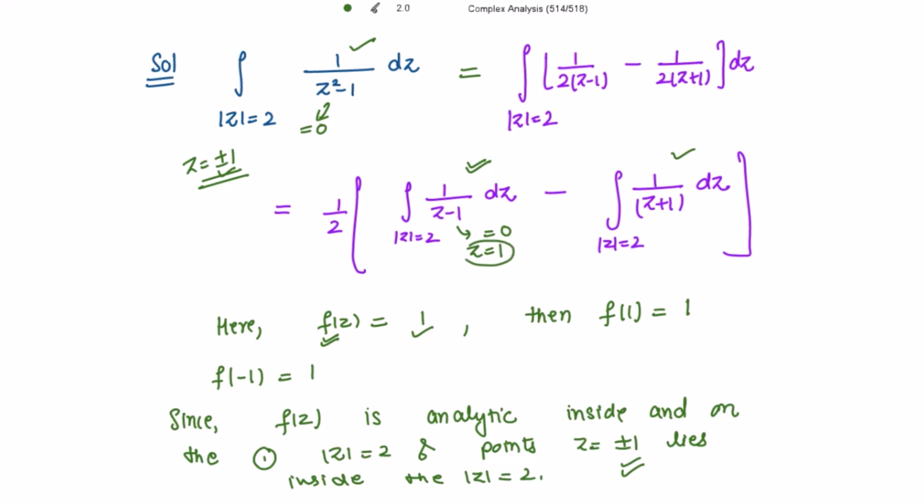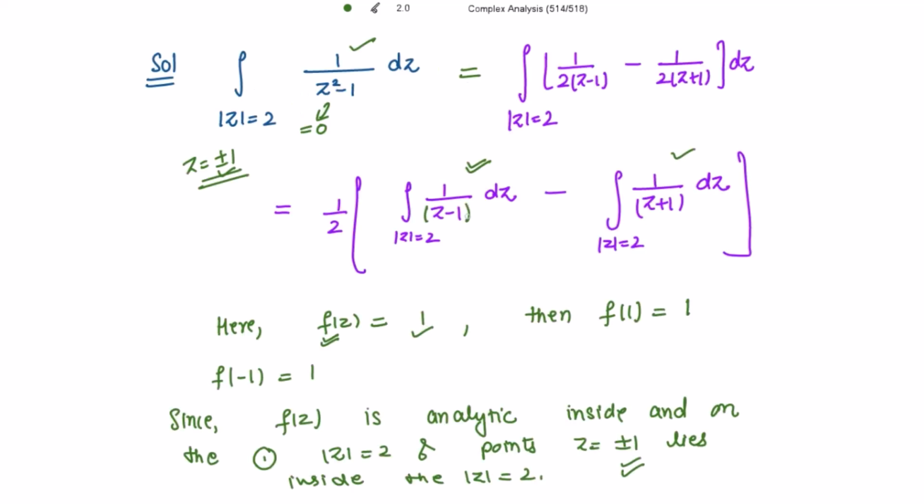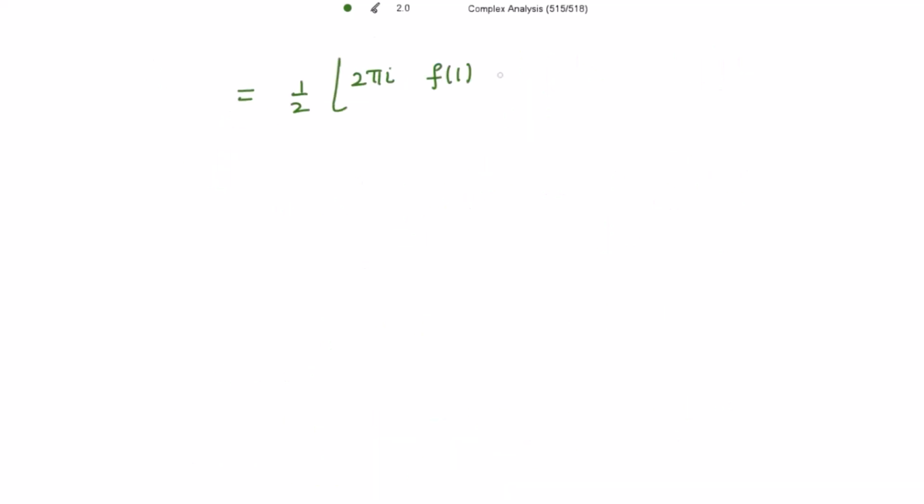So for z = 1, applying Cauchy's integral formula here, the value is just 2 pi i f(1). We have the single bracket, the bracket has no power, so we just need to apply Cauchy's first integral formula for this. Likewise, minus, applying Cauchy's integral formula for z = minus 1, multiplied with f(minus 1).